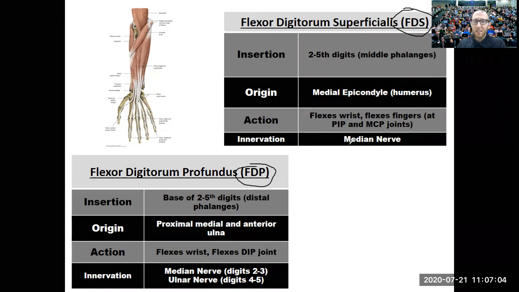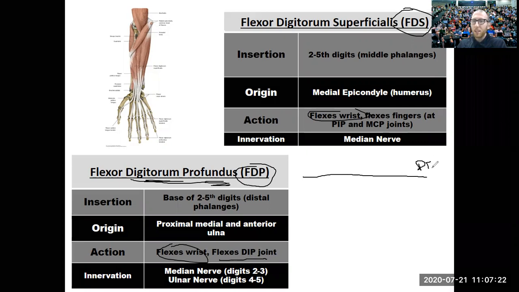Now, here's the main difference that we see is that we've got flexion of the wrist for both because it's crossing the wrist on the anterior side, but the digitorum profundus, which travels further, is going to go to the DIP joint.